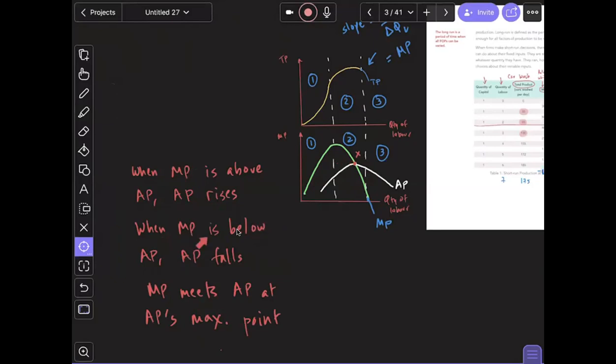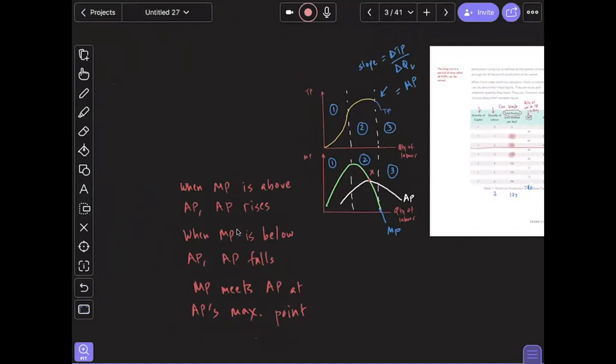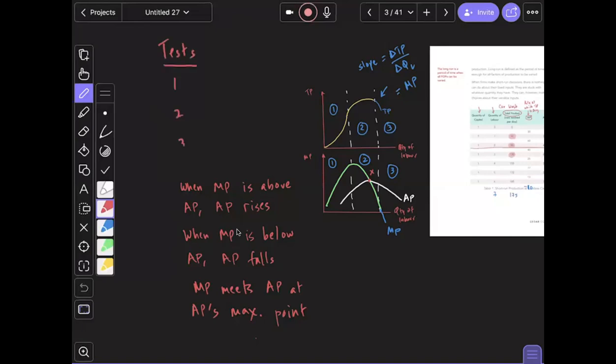So why is this happening? I want to give you an example through, let's say, tests. Are we good to discuss this? Let's say you have three tests: test number 1, 2, and 3. This is your score on each test. I'm going to call it marginal score, because marginal means extra for each test.